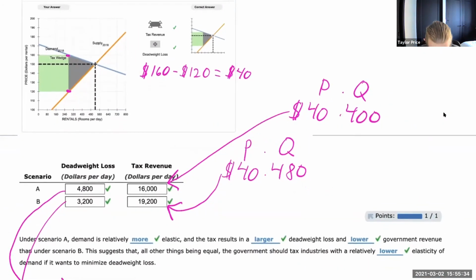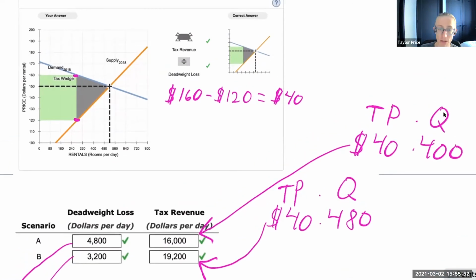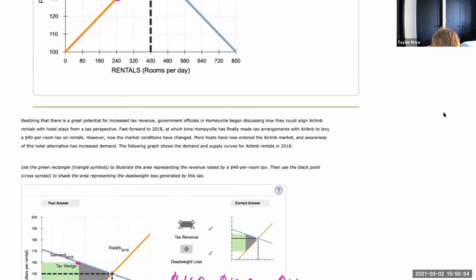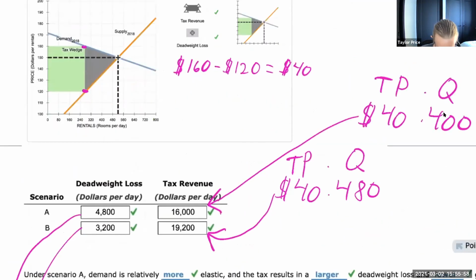And in the same vein as the prior example, for the tax revenue, we have the tax price times the quantity. So we have the 40 and 40, and the quantity for the prior example was the 400, and then the 480 for that example.